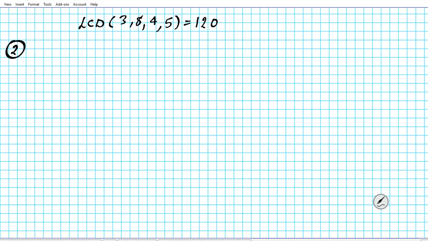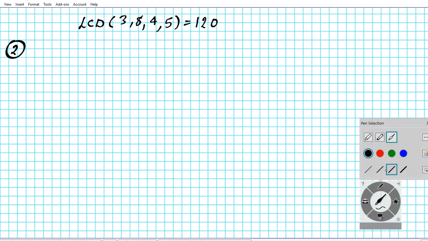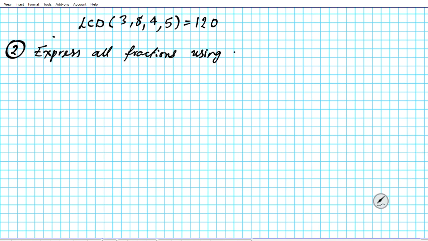So step 2, express all fractions using a denominator of 120. All right, let's start with the first one.